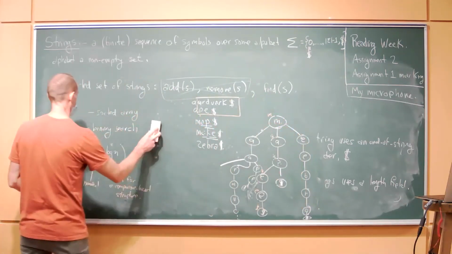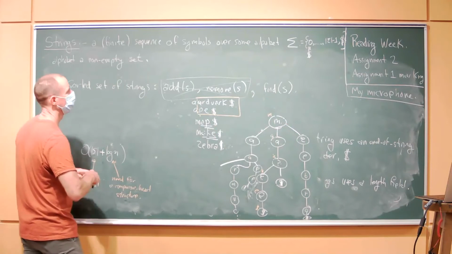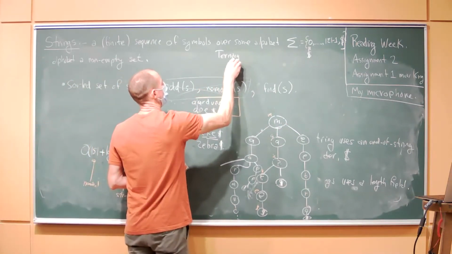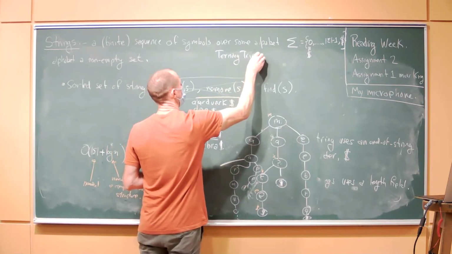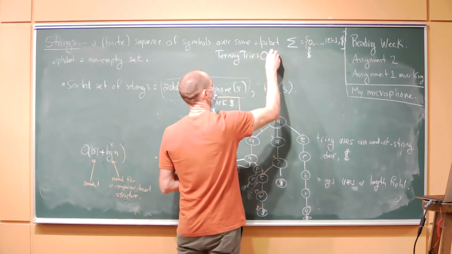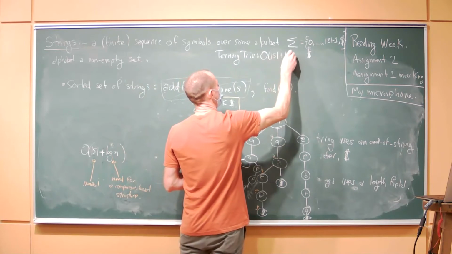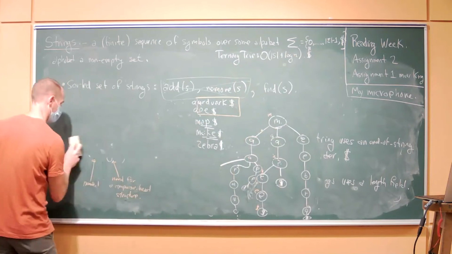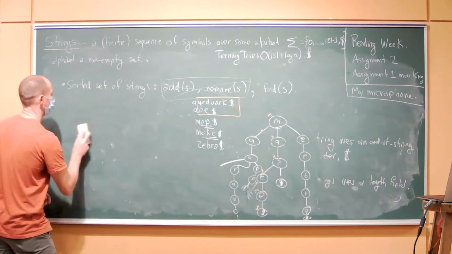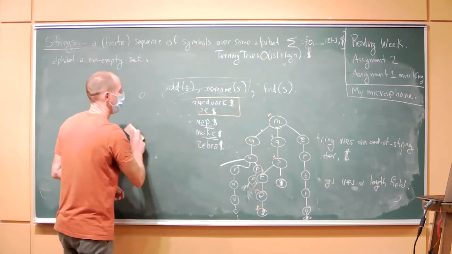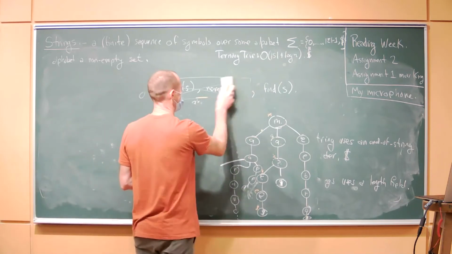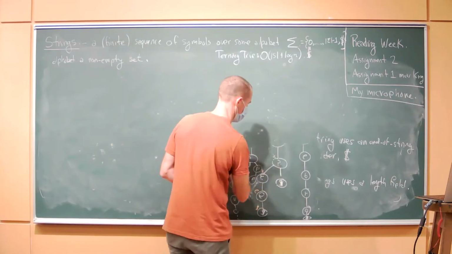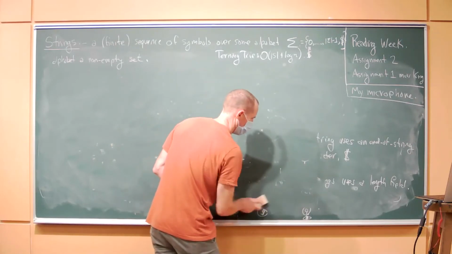Okay, so that's one structure. Call that the ternary trie. And all the operations take time proportional to the string length plus log n. The next structure is just the trie, and it's one you've seen before.